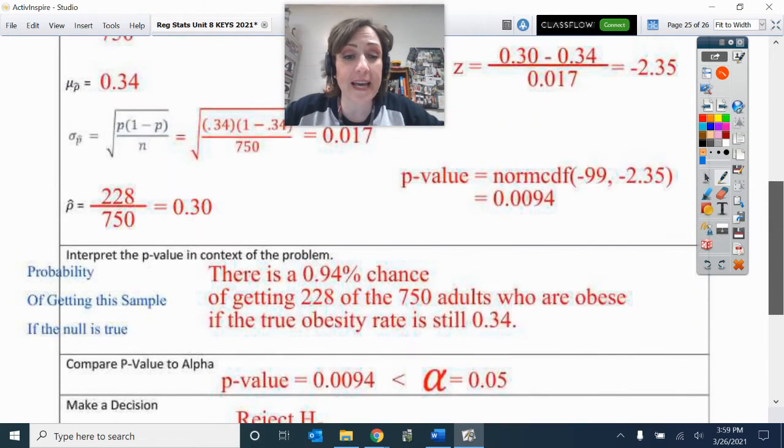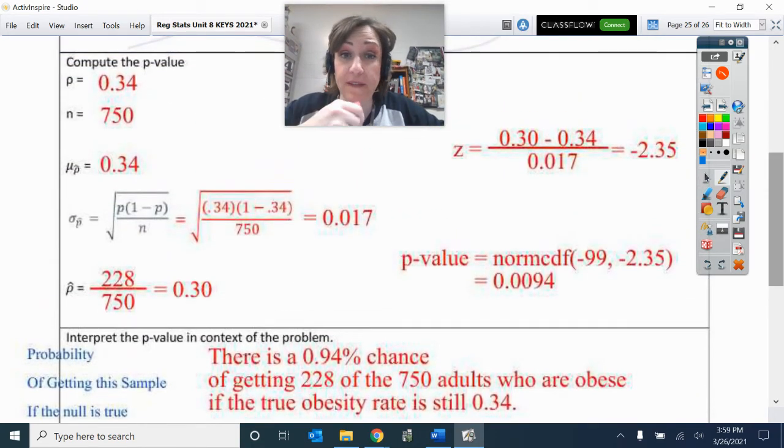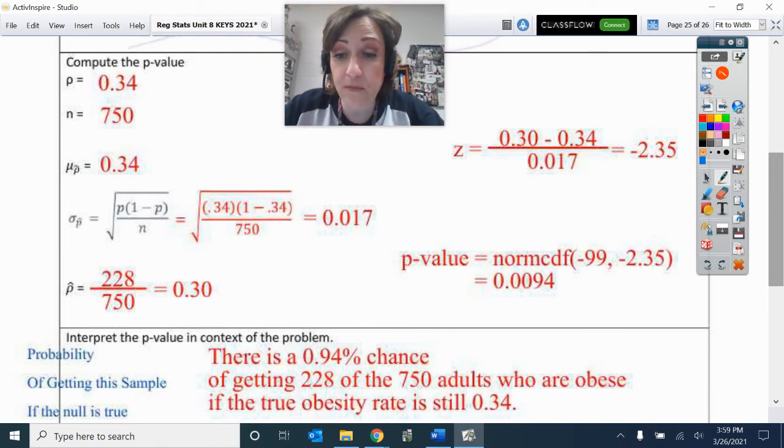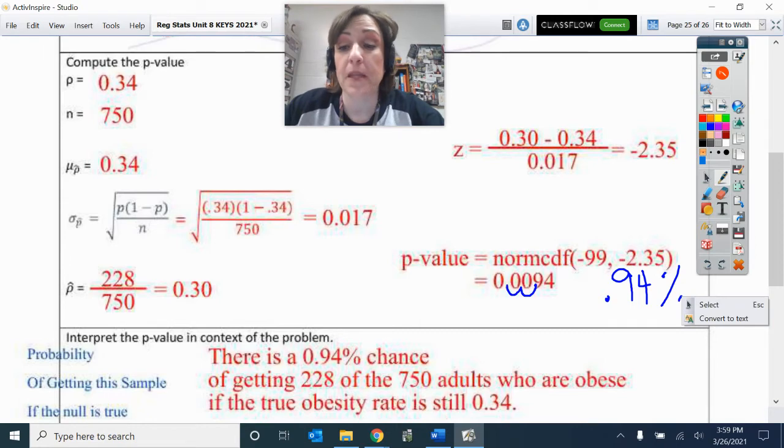All right, so back to that interpret the p-value problem. If I move my decimal twice here, that's a 0.94% probability, very small.